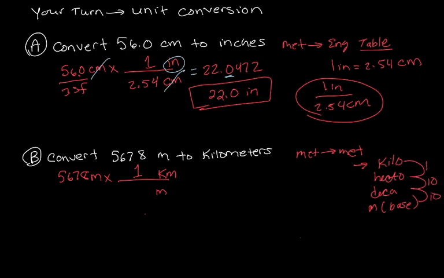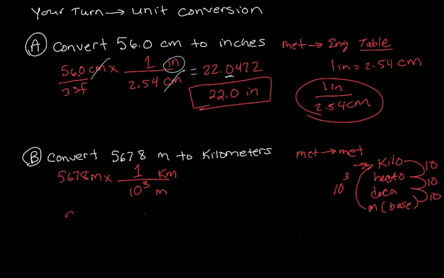So 10, 10, 10. So again, we find that from our meter, base unit to kilometer, is 10 to the third. And so this time we write 10 to the third on the bottom. And again, we just don't have to worry about negative exponents. As long as you assign the bigger unit with 1, then you can go ahead and have your positive exponents.